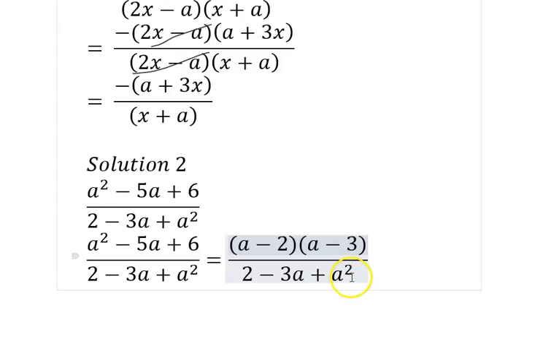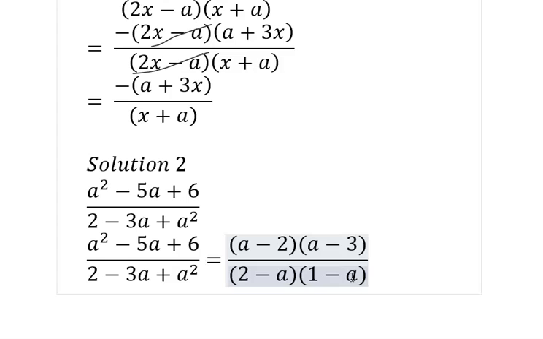Then for the denominator, 2 minus a, 1 minus a. Awesome.